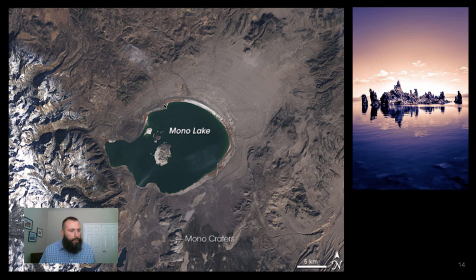So it has absolutely receded. In the 40s, 50s, and 60s, it was so low that these tufa structures could act as land bridges, and so these coyotes and wolves were coming in and eating the eggs or destroying some of the habitat of the birds in the area that would hang out on those tufas, right? So there are these unintended consequences, absolutely.